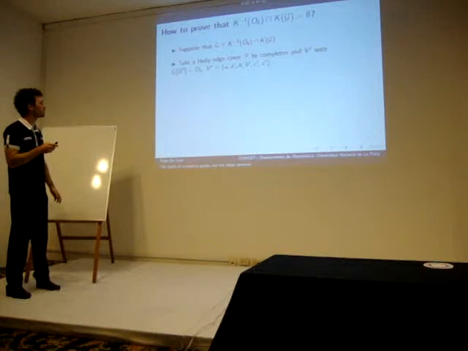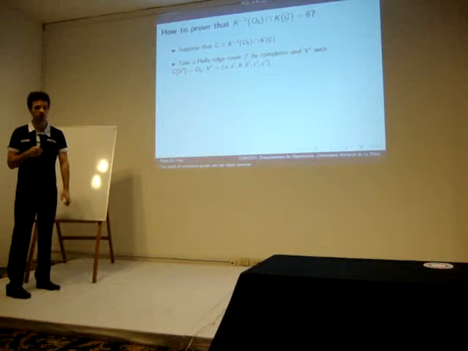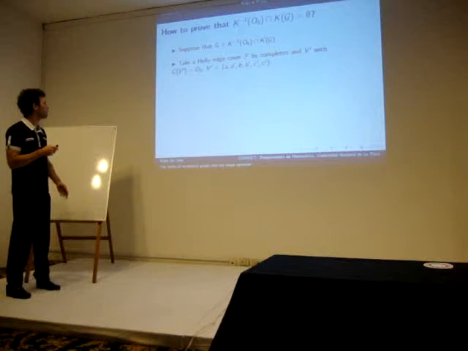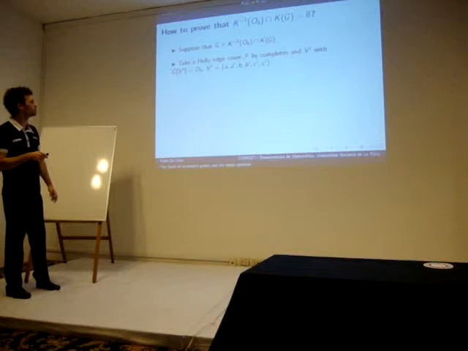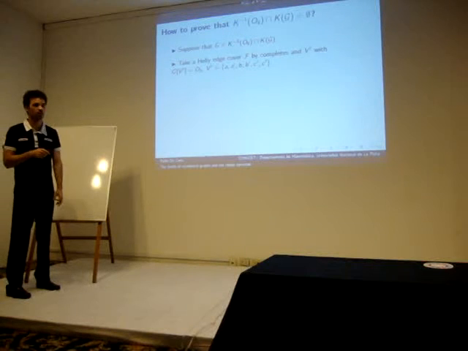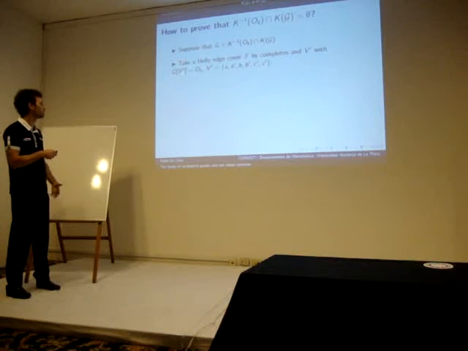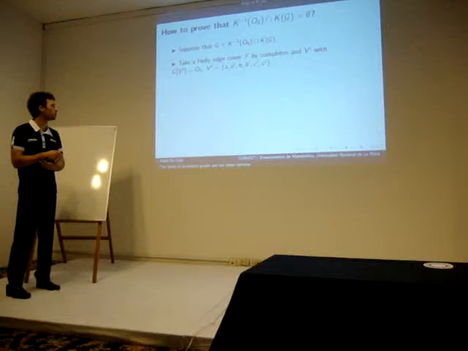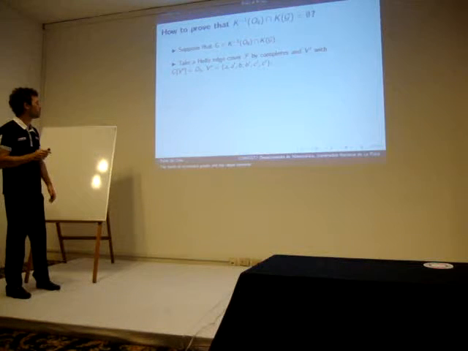So in that case, by the characterization of clique graphs, we will be able to take a Helly edge cover F of complete sets, and because G is a graph in K-1 of O4, we know that there is also a set B prime of vertices inducing O3.